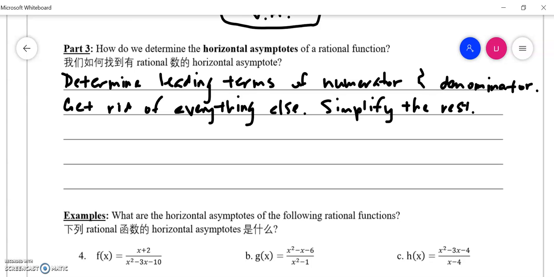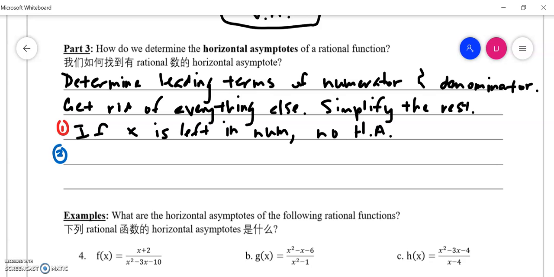Now there are three things that go on. One, if x is left in the numerator, no horizontal asymptotes.